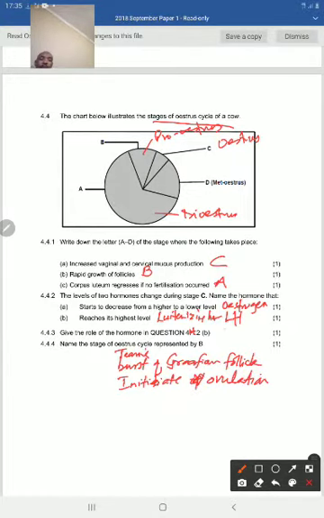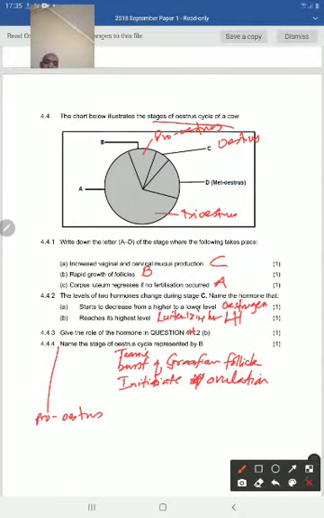So the hormone that is responsible for ovulation is the luteinizing hormone. Name the stage of the estrous cycle represented by B. Definitely it's proestrus. We've already done that one.